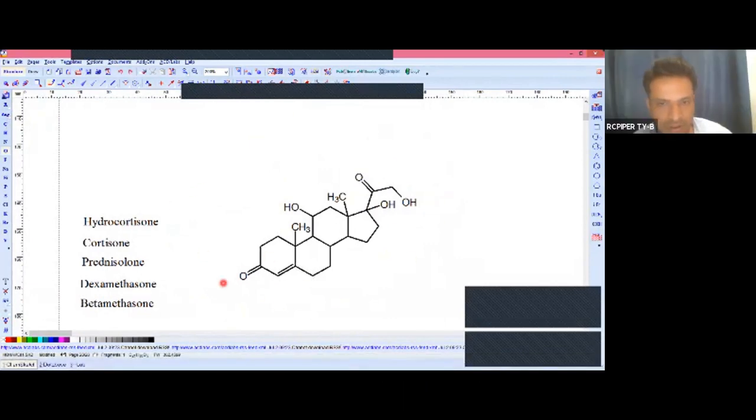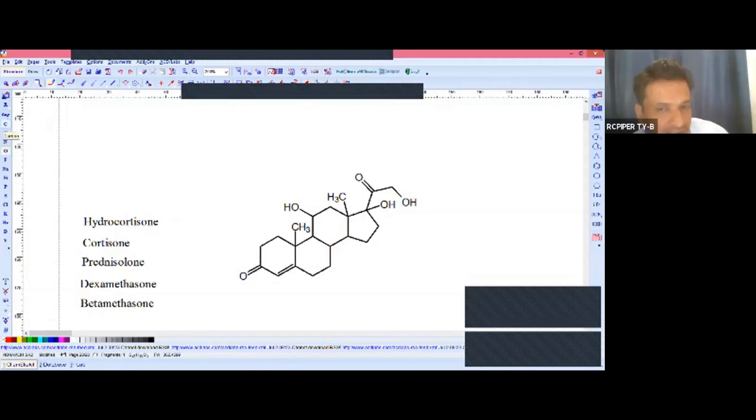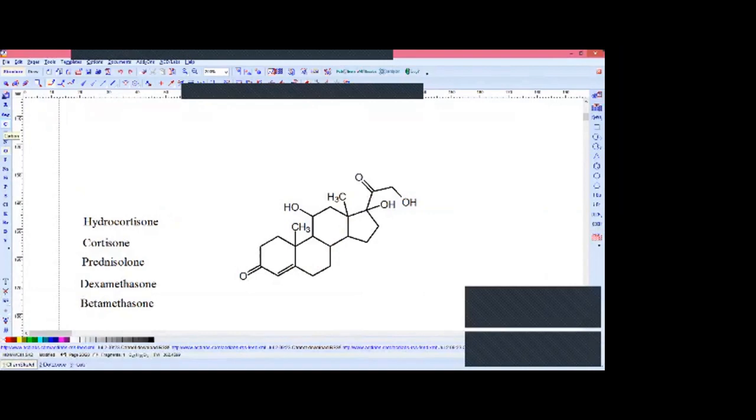This is hydrocortisone. Now, how can I convert hydrocortisone into cortisone? Just one change I have to make. It is the oxidation of the hydroxyl group at the 11 position.